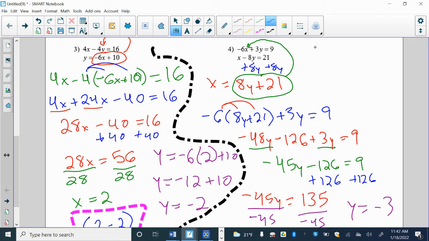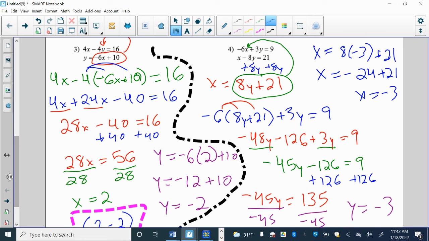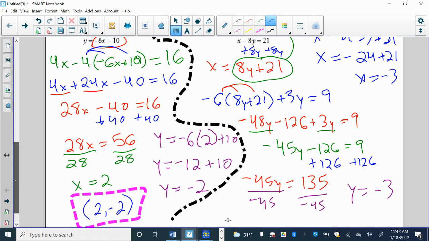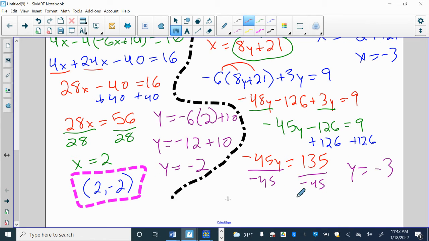So we'd have x equals, instead of 8 times y, 8 times negative 3 plus 21. That'd be negative 24 plus 21. So we get negative 3. So then our solution, x comma y, would be negative 3 comma negative 3.